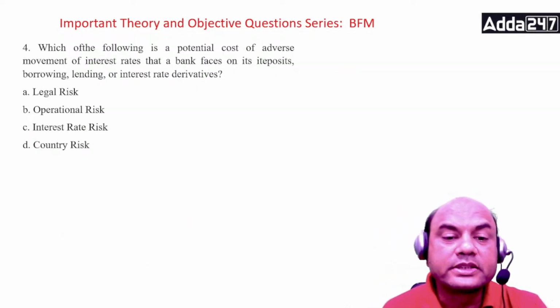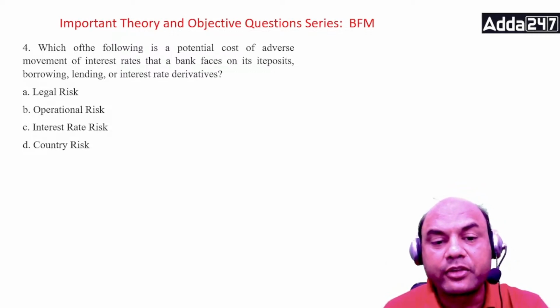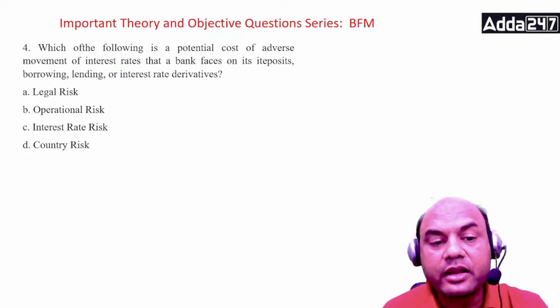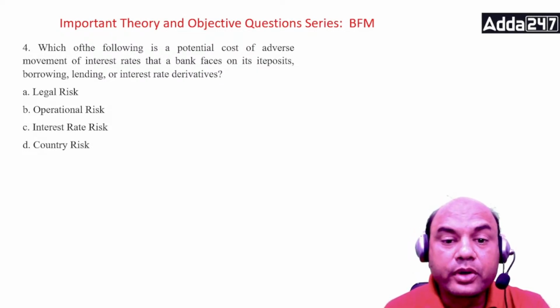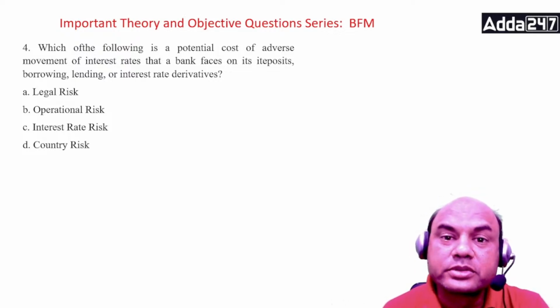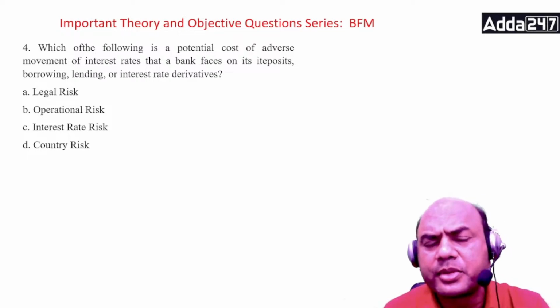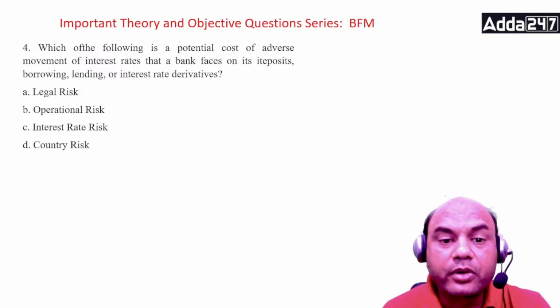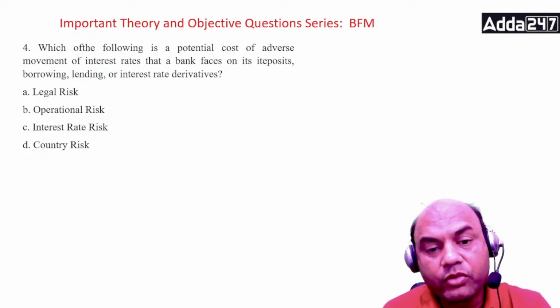Which of the following is a potential cost of adverse movement of the interest rates that the bank faces on its deposits, borrowing, lending and interest rate derivatives? So potential cost for the adverse movement of the interest rate means if the interest rate goes lower. Interest rate means what? Here we are talking of repo rates. So if the repo rate goes up or down, what is the cost to the bank?